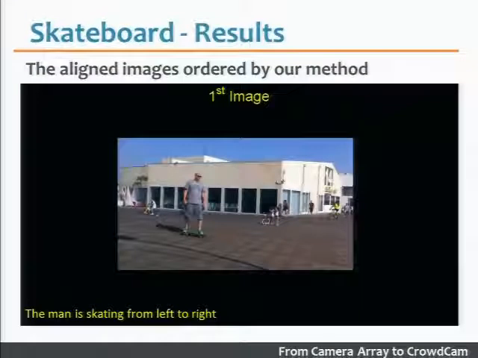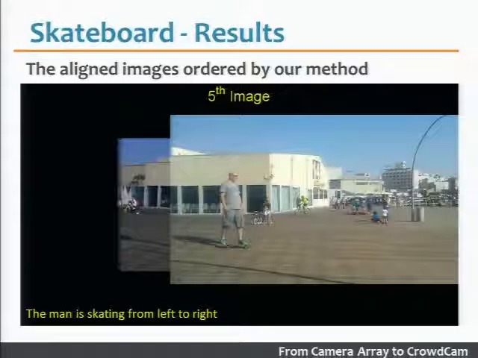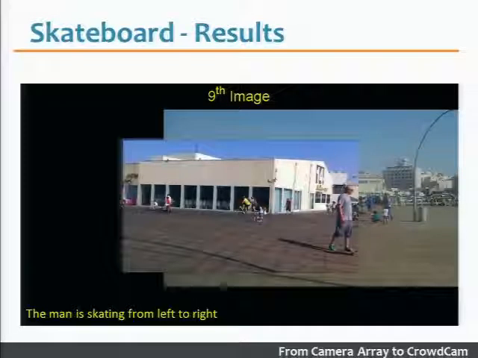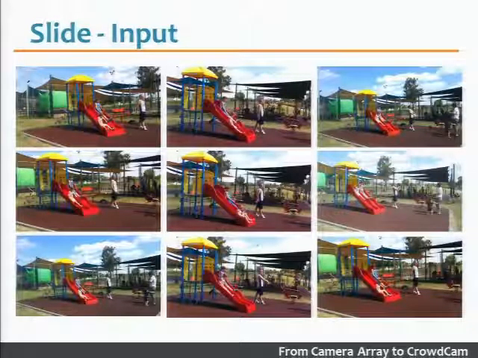In order to validate the results, we aligned the images according to the static features to the reference image. So this is the result as computed by our method. Here again is another scenario.